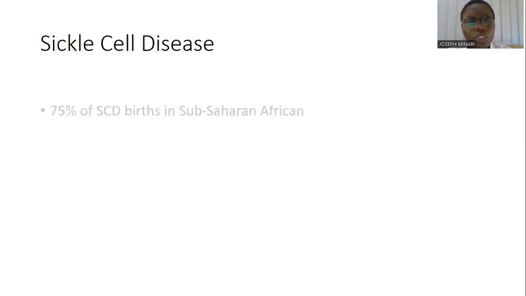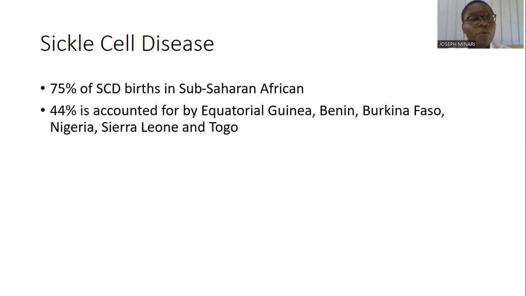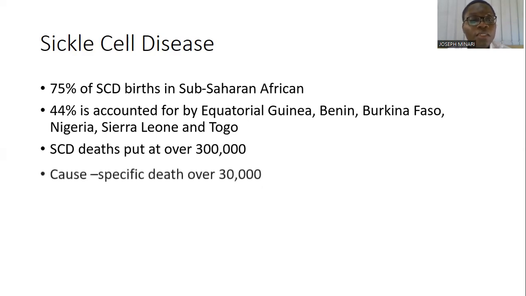Now, about 75% of sickle cell births are in sub-Saharan Africa, and 44% of them are accounted for by countries such as Equatorial Guinea, Benin, Burkina Faso, Nigeria, Sierra Leone, and Togo. Sickle cell disease-related death has been put at over 300, while the cause-specific death through sickle cell has been put at 30,000.